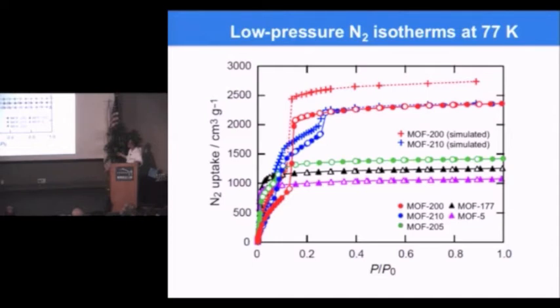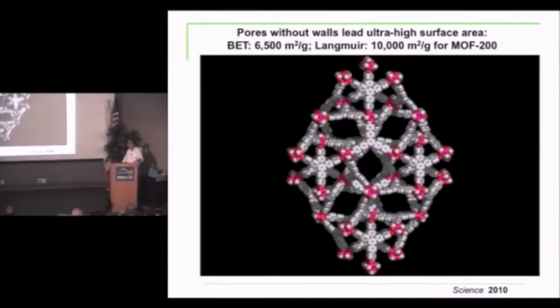This is MOF-177, and this is the most recent MOF, MOF-200. You can see here gas uptake and evacuation of the pores with a signature isotherm. The structure looks like this. This is MOF-200. This is supposed to be rotating on the screen. But the Langmuir surface area is 10,000 square meters per gram. And that's about several football fields for every gram of material.